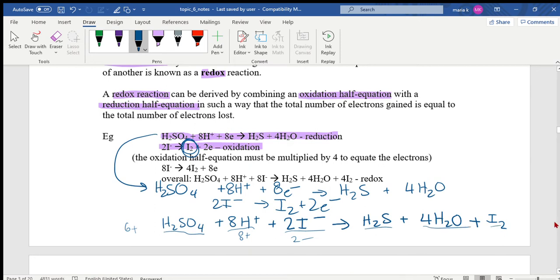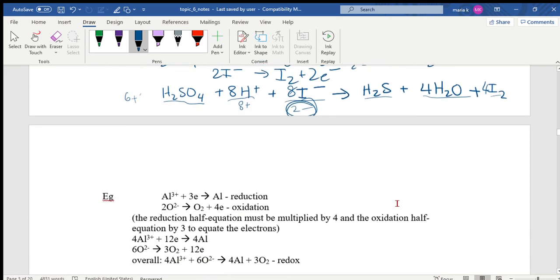And so, to balance that, we need to neutralize this 2 minus, and to do that we're going to completely eliminate it by having the prefix 8, and this becomes 4, and there you go.